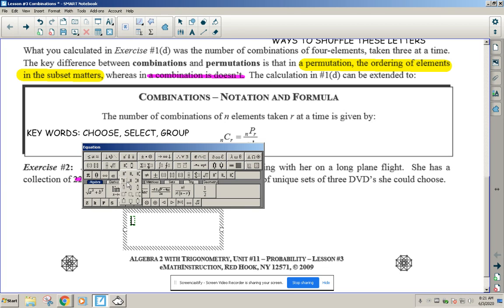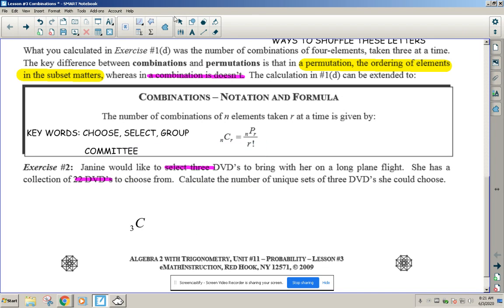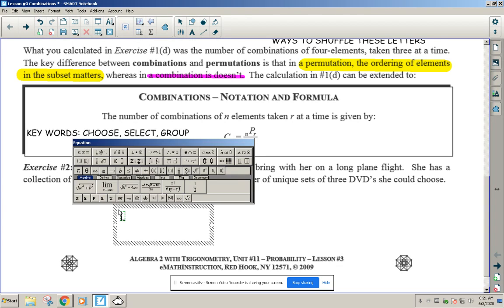All right, so we would write this then as 22, and C, 3. She has 22 DVDs. She's going to choose 3 of them.